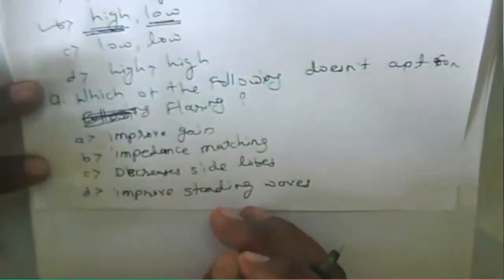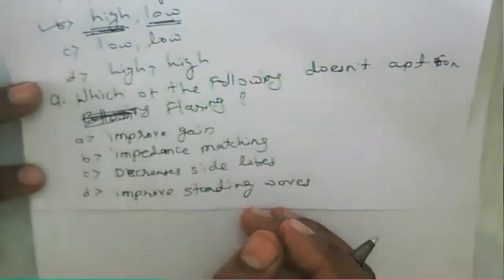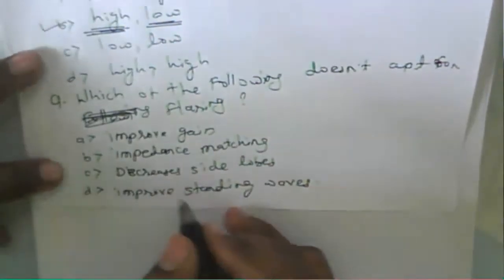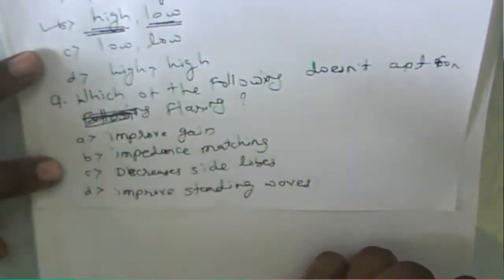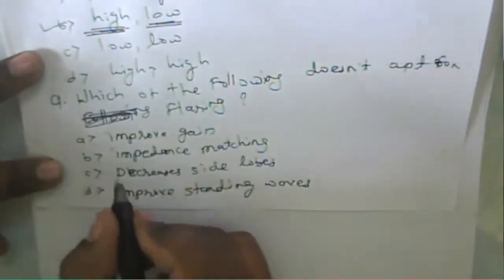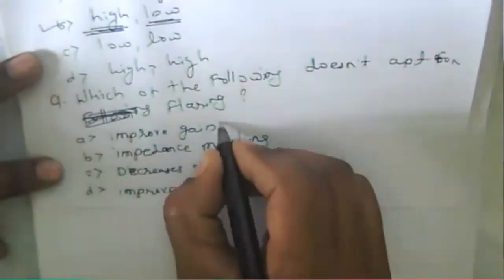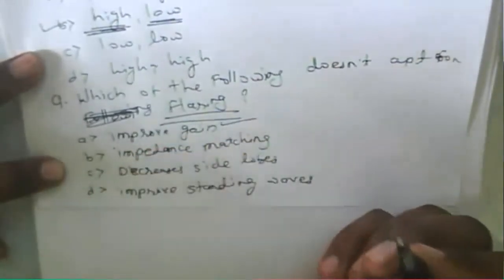If we say it's a horn antenna we are using, what will happen for this particular flare angle? Please type your answer there. Someone says B, impedance matching.